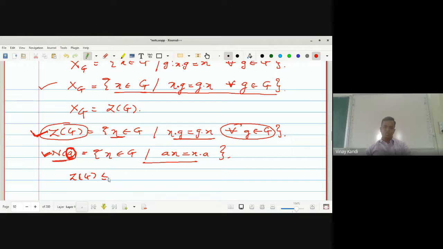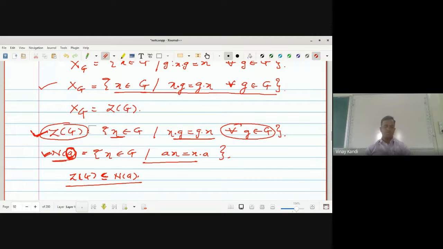Z of G is always contained in the normalizer of A. Okay, हा पुढे येईल concept. Okay. Wait. So here the X_G is equal to the center of a group.